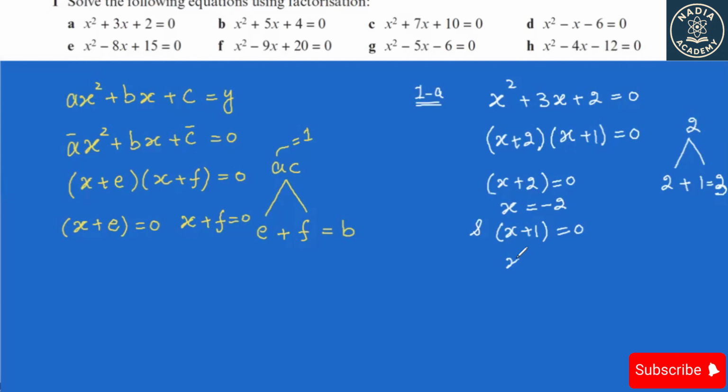And from the second factor, x is equal to negative 1. So our solutions for this quadratic equation are negative 2 and negative 1. So x1 is equal to negative 2, x2 is equal to negative 1.